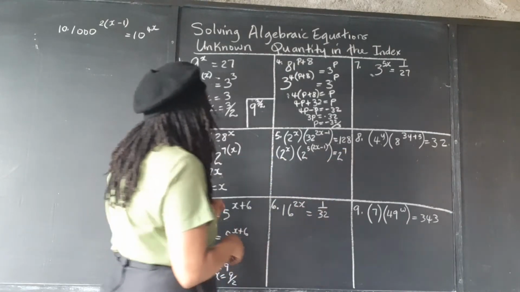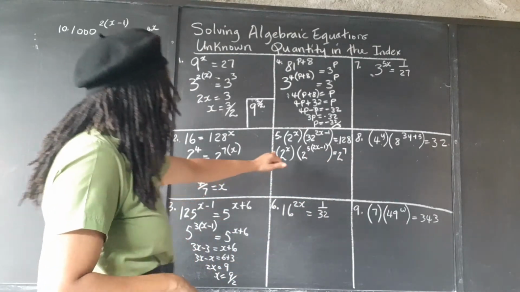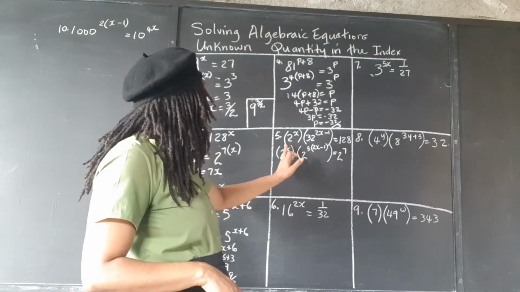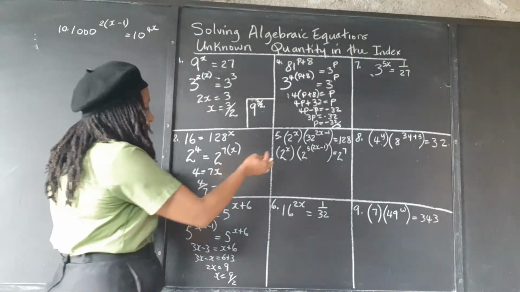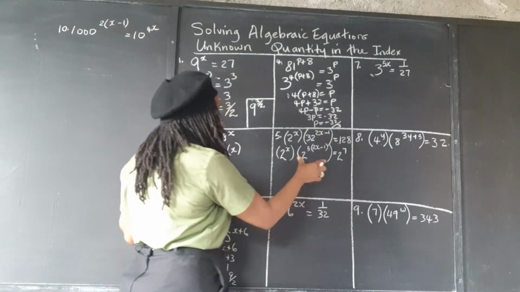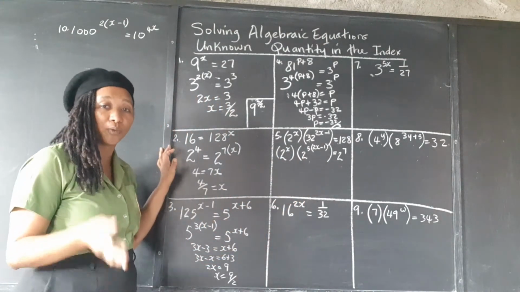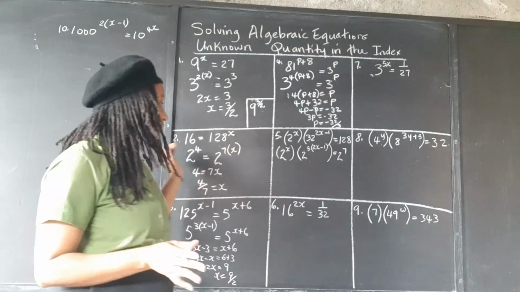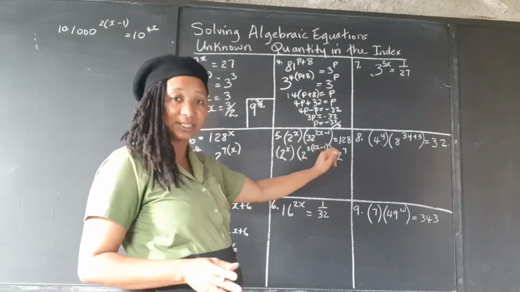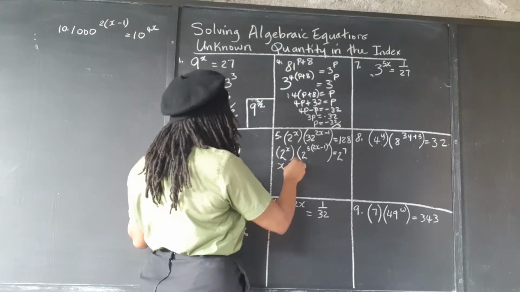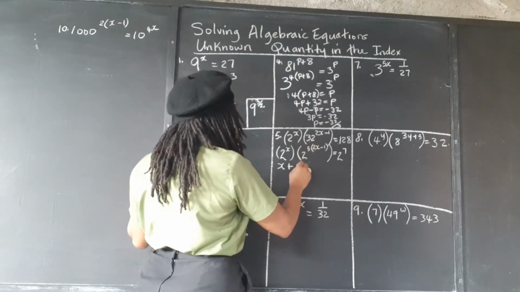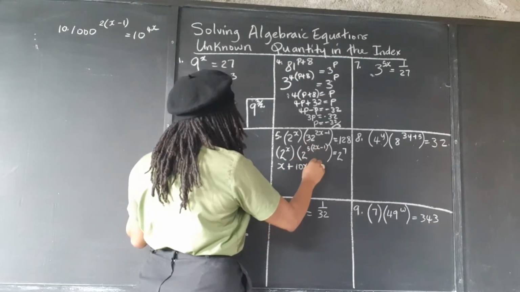So now they all have the same base of 2. So we're going to make the indices be equal to each other. And bear in mind, here we are multiplying the bases. Remember the laws of indices. When we're multiplying and the bases are the same, we add the indices. So it's going to be x plus 5, 2 fives are 10, 5 ones are 5.